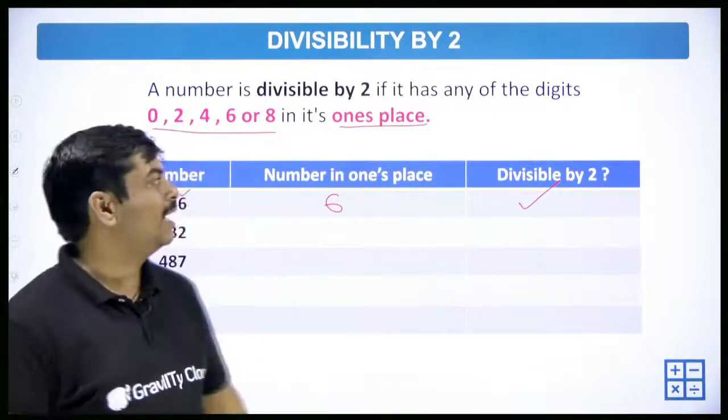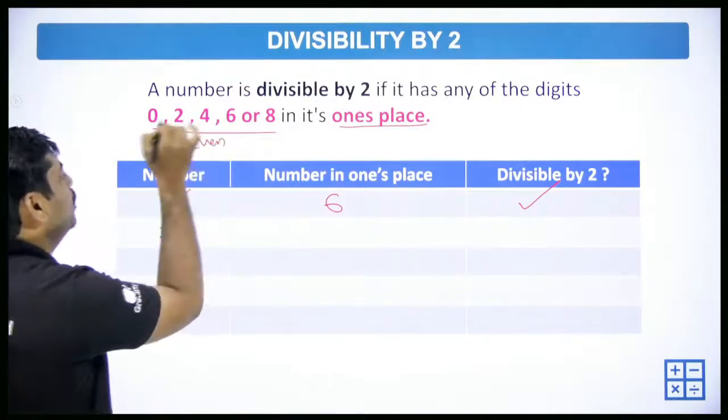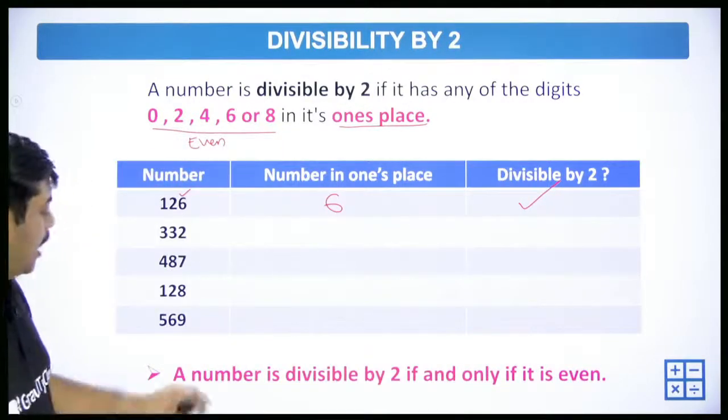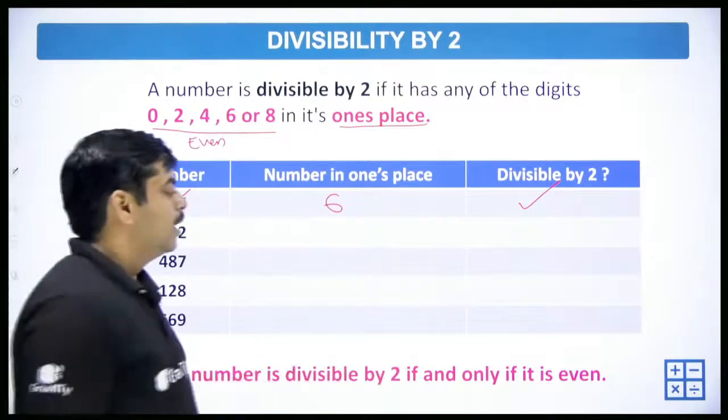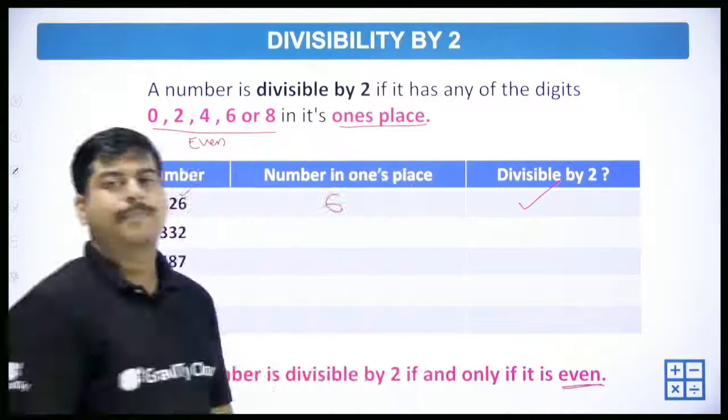I can even say it more easily: all these are even numbers, correct? A number is divisible by 2 if and only if it is an even number.